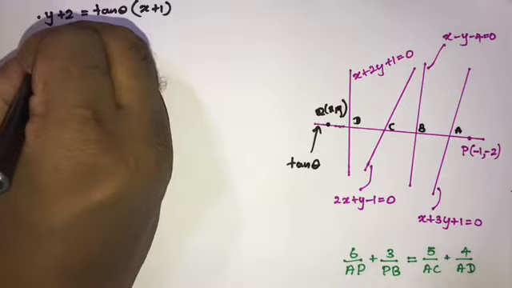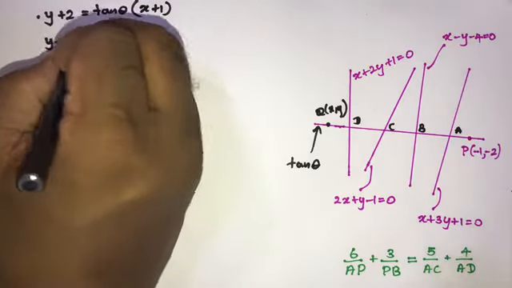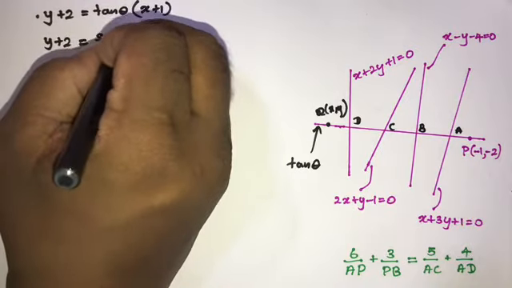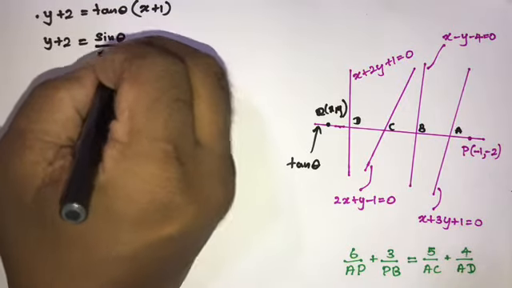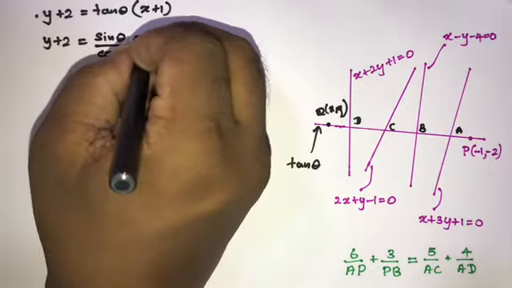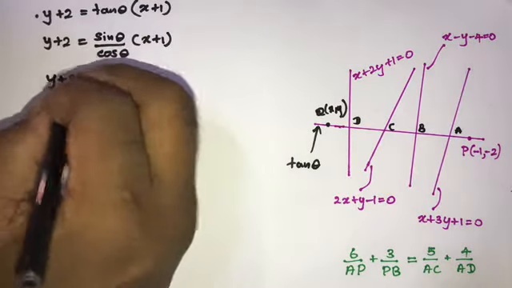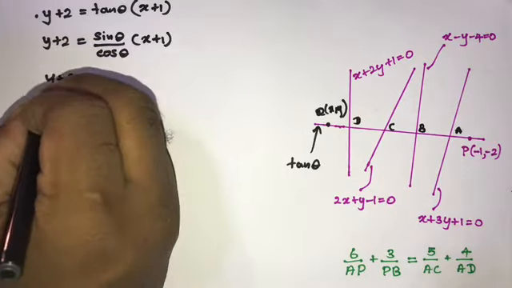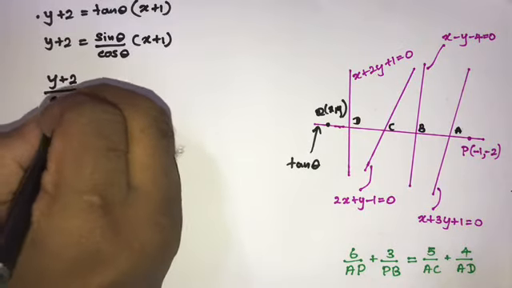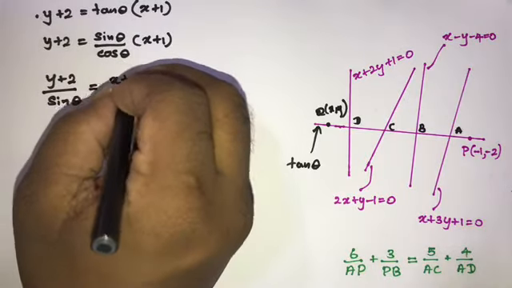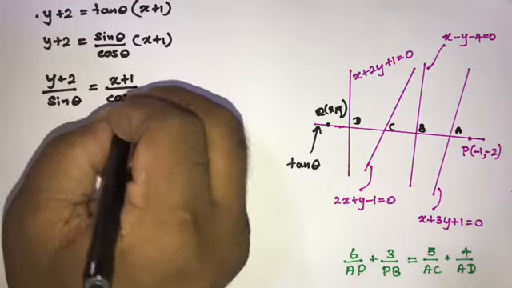Now we know tan of theta is equal to sine of theta over cosine of theta, and if we divide both sides by sine of theta, y plus 2 over sine of theta is equal to x plus 1 over cosine of theta.